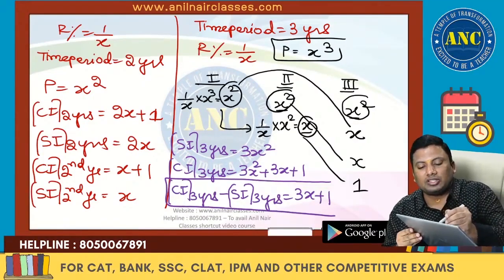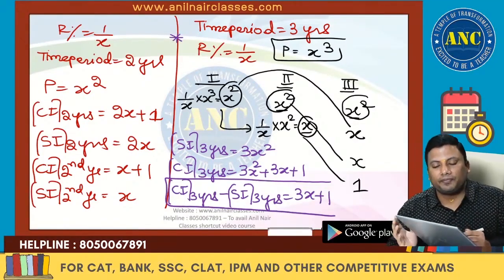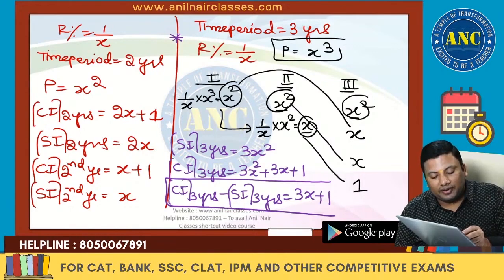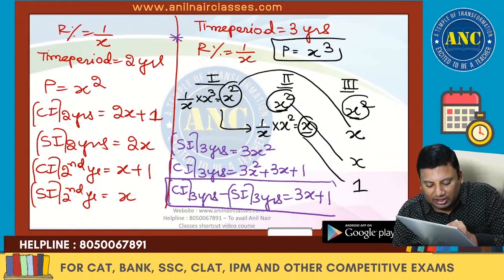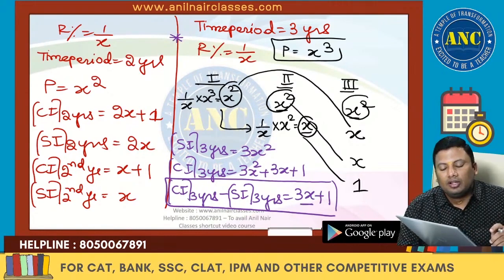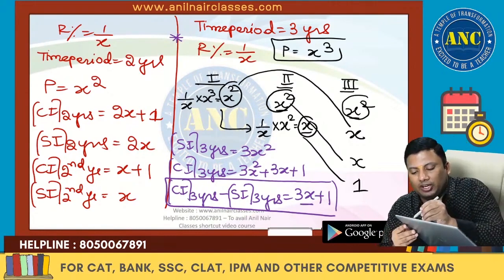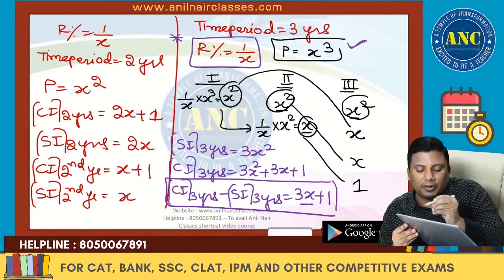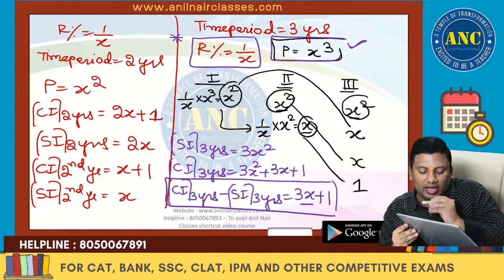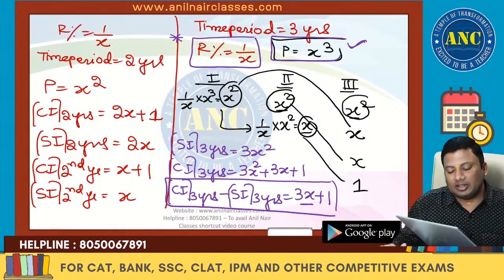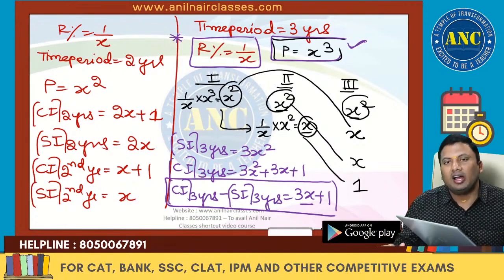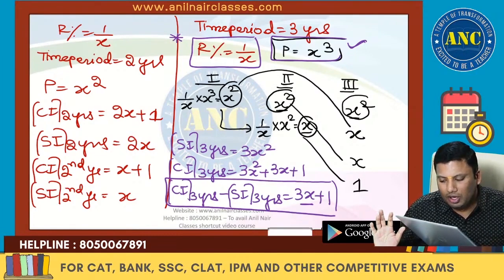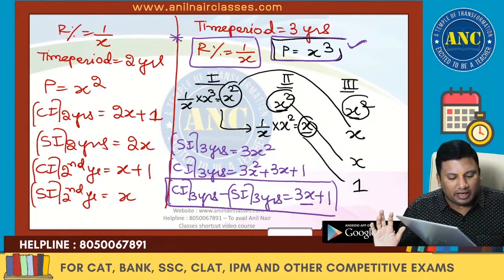If R percentage is 1 by x, CI for 3 years minus SI for 3 years is 3x plus 1, then principal is x cube. These three are important: R percentage is 1 by x, P is x cube, CI for 3 years minus SI for 3 years is 3x plus 1. Anything can be given, sir. Please make a note of it.